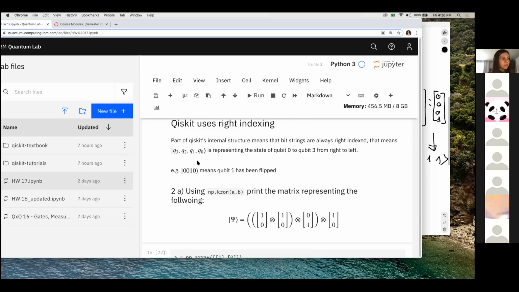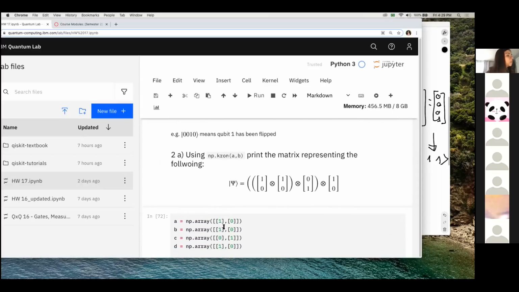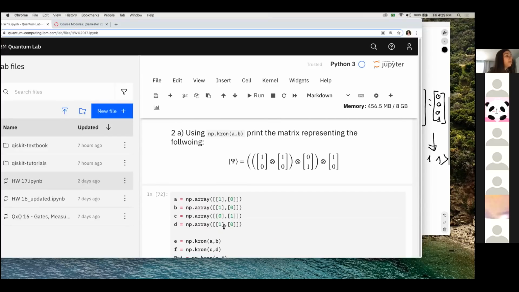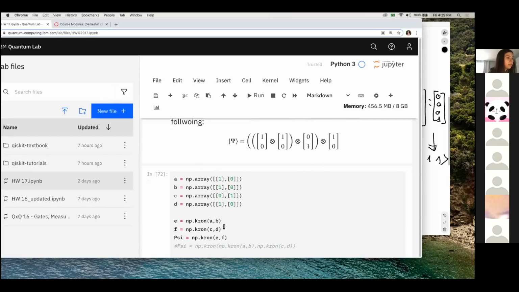It's very important to remember that to understand the logic that follows. It represents the state of qubit 0 to qubit 3 from right to left. Example, 0010 means qubit 1 has been flipped. We will see more further on. There are more examples here. So using np.kron, print the matrix representing the following.